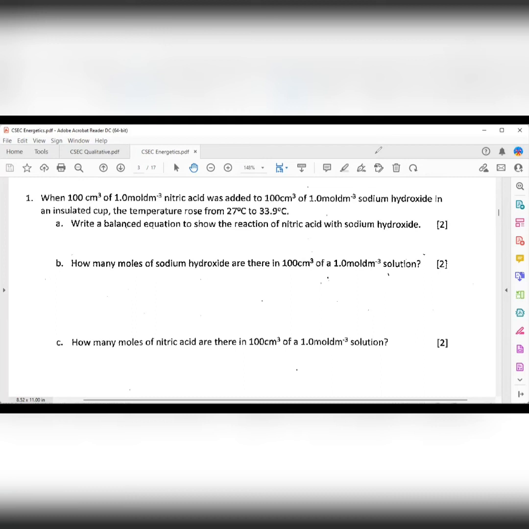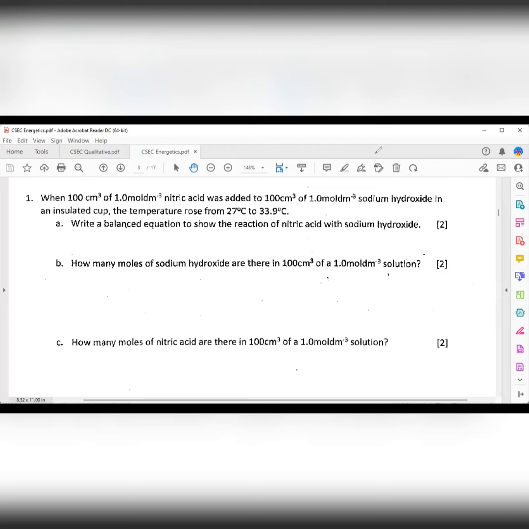In other words, testing of moles by itself is not something that CXC does normally. They may do it, but it's not something they do normally, okay? Because you need mole concept to answer questions about energetics, titrations, rates of reactions, even organic chemistry. So it is not something that they usually test by itself. They test it in application of other things.